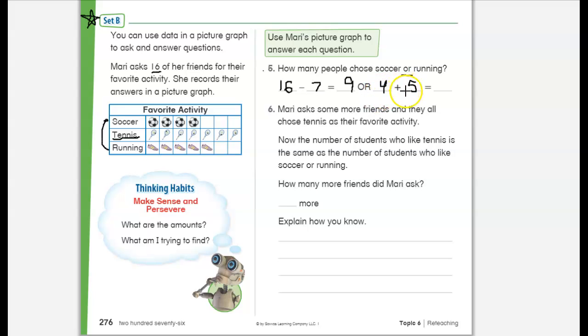What is 4 plus 5? 9. By using subtraction or addition, we were able to get the same answer of 9.